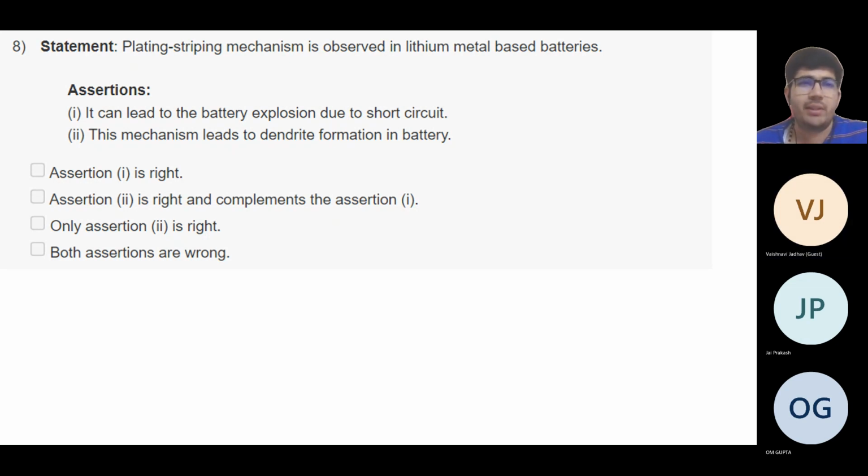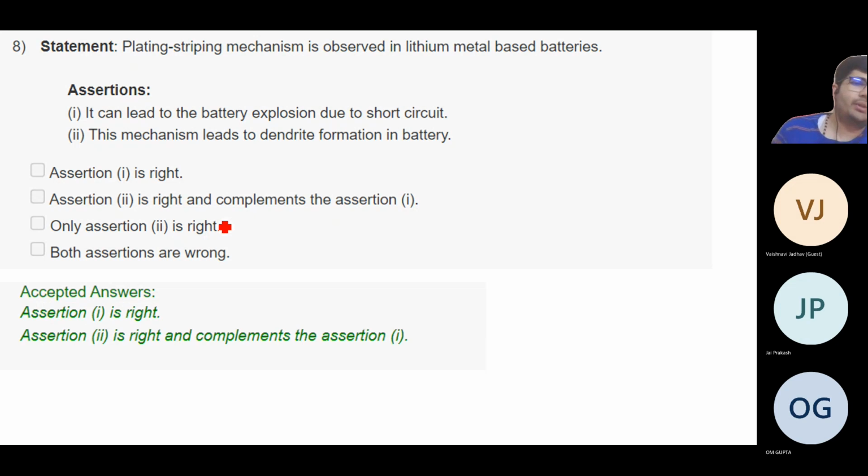So statement 1 is correct. It can lead to battery explosion due to short circuit. And this mechanism leads to dendrite formation in the battery. So both are correct. And what is the reason of short circuit? Dendrite formation. So assertion 1 is correct and assertion 2 is right and complements assertion 1. So correct options are A and B.